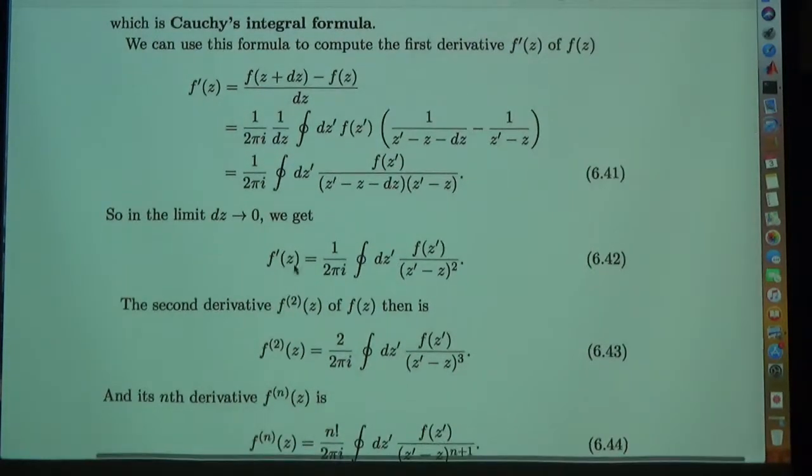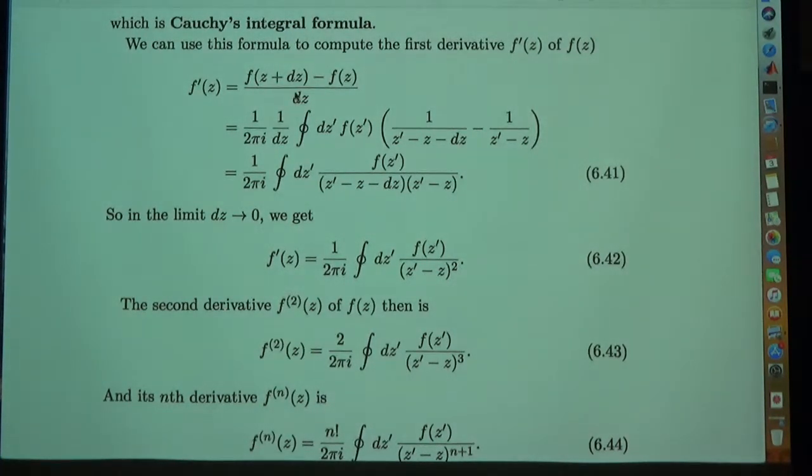So in other words, the derivative of an analytic function is 1 over 2 pi I, the closed integral, counterclockwise, around the point z of f of z prime divided by z prime minus z squared. What happens up here is that there's a dz which cancels this dz.